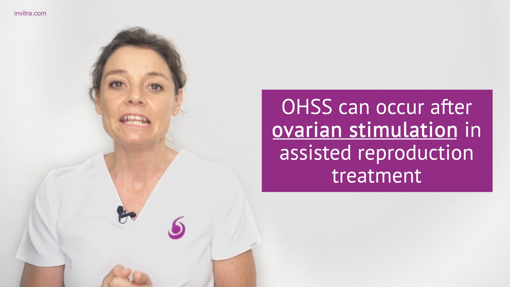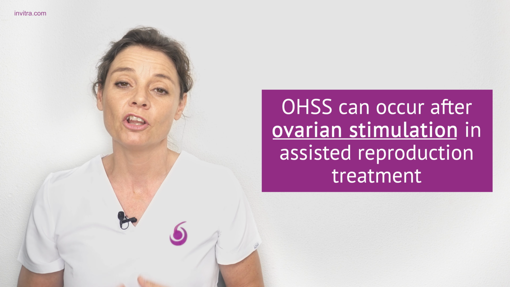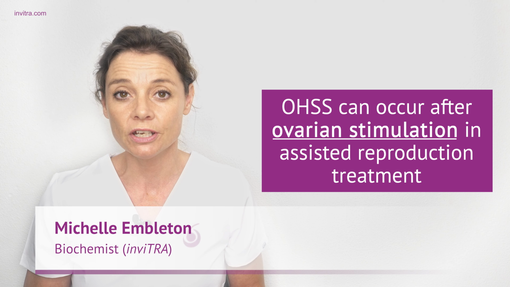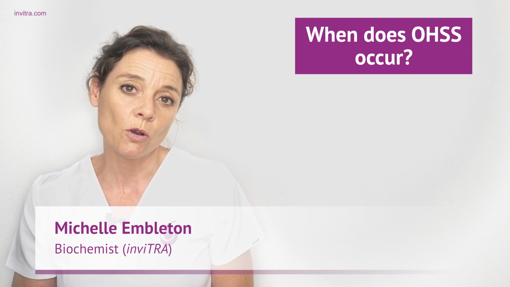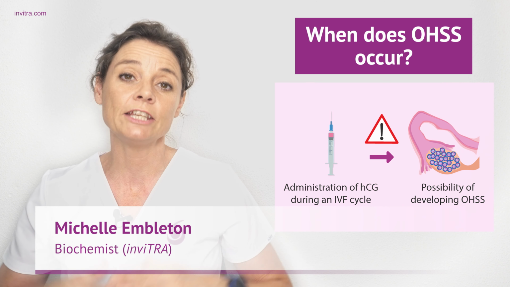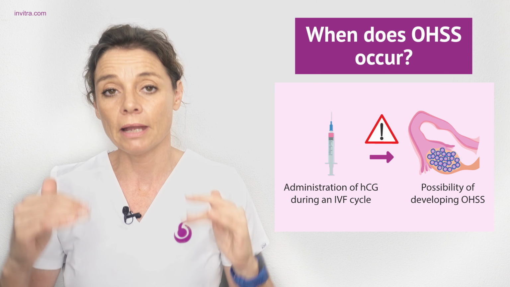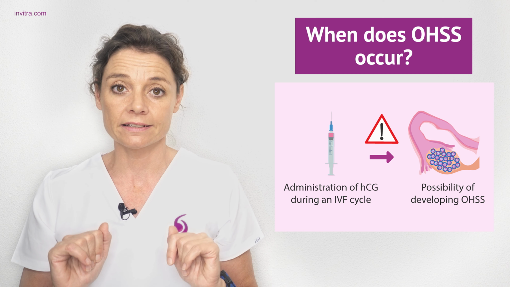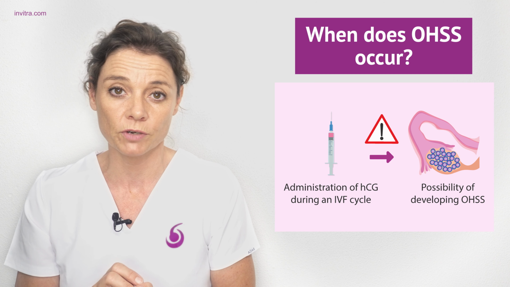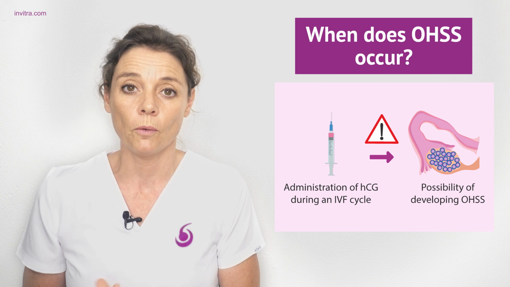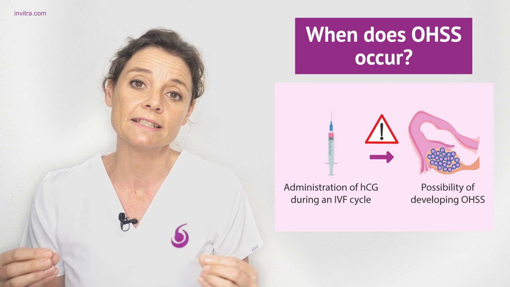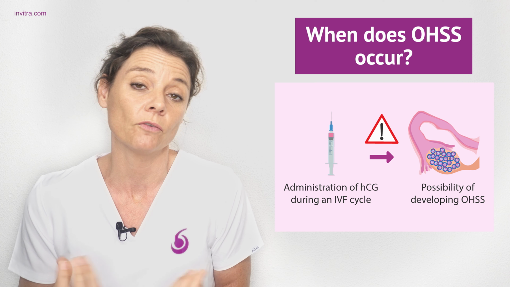Ovarian hyperstimulation syndrome can occur following the ovarian stimulation of an assisted reproduction treatment. The HCG hormone is given usually to trigger the final maturation of the egg cells prior to the egg retrieval. HCG is actually the main trigger cause of OHSS, as it increases the vascular permeability of the cells.